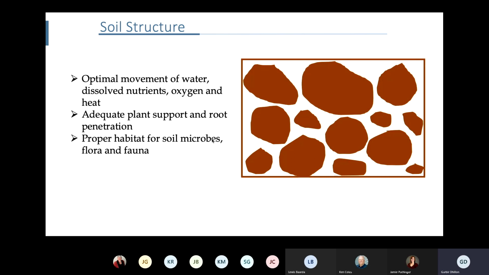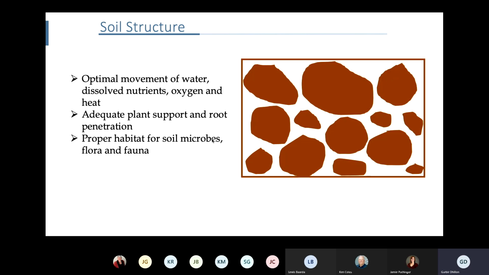A proper structure also provides proper habitat for soil microbes and flora and fauna of soil. One of the other important properties of aggregates is their stability, or their ability to resist the loss of structure due to external forces like rainfall, irrigation, or tillage.